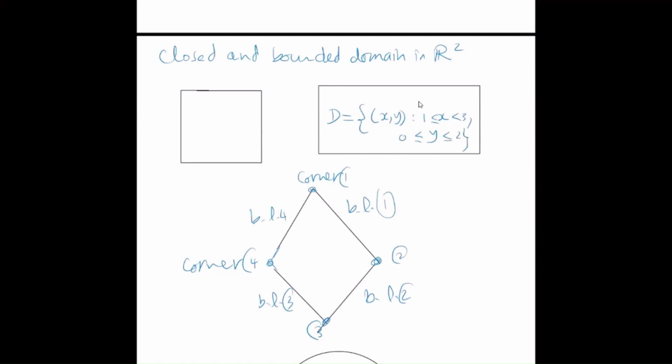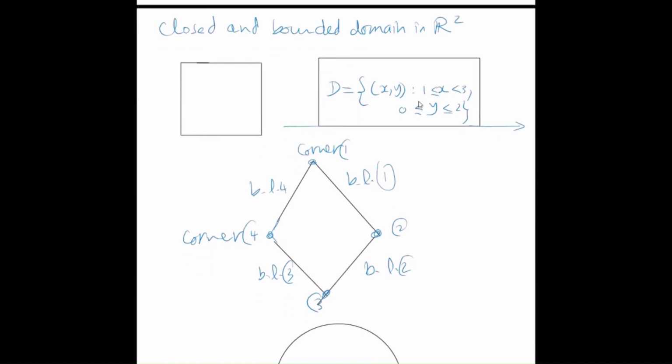So this is x from 1 up to 3 and y from 0 up to 2. This is the region and so on. Here maybe this way, different.